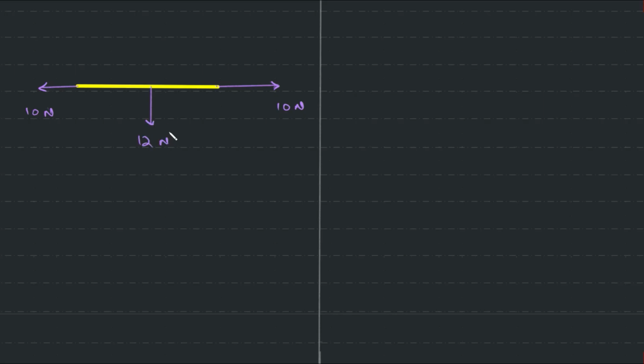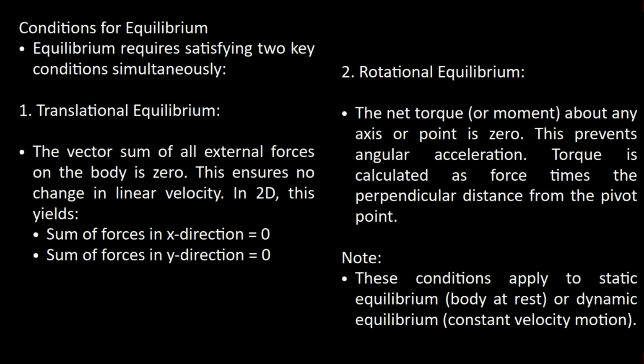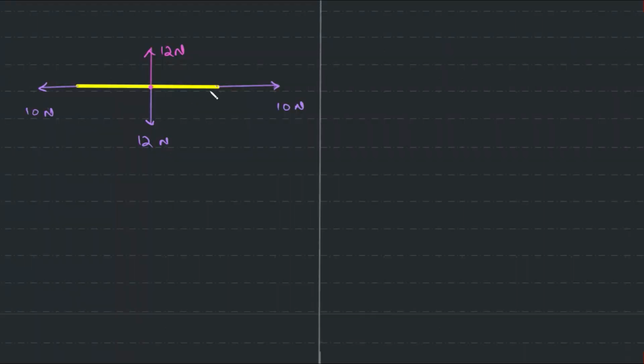So 12 Newton, and this is again a force of 12 Newton. Next, we need rotational equilibrium. That was your translational equilibrium: the sum of all the forces in the x direction and the y direction will be 0.